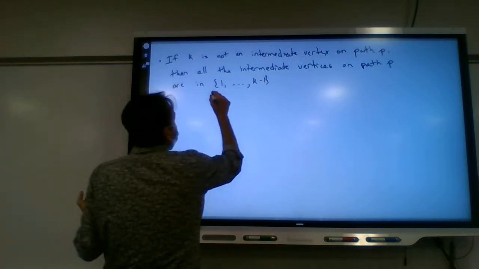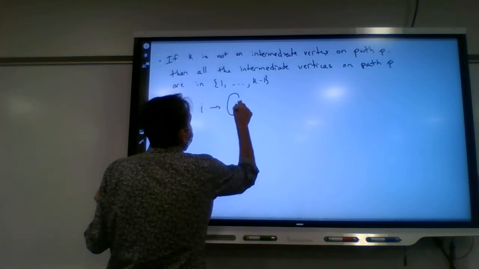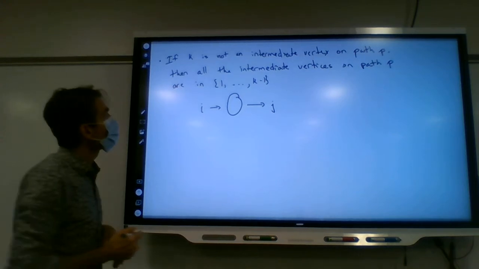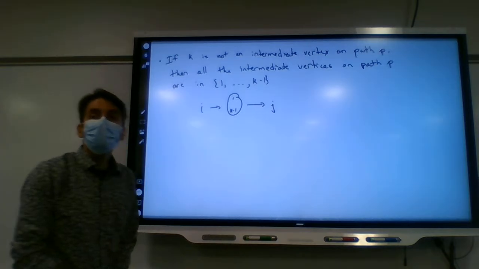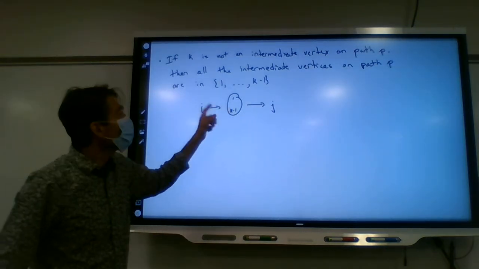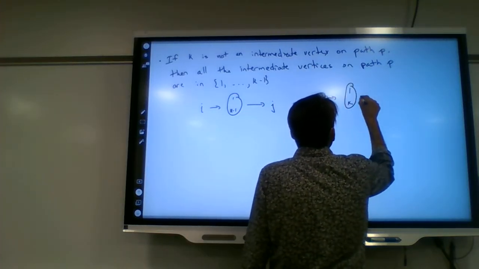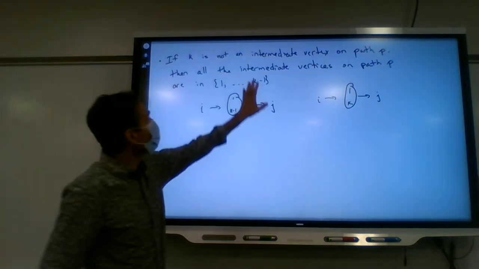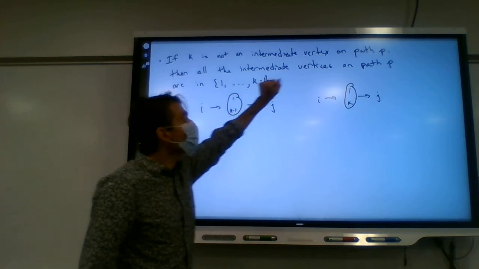So a solution from i to j, where everything comes from here, the shortest path there, is also a solution to the one that we were trying to solve right now, which is that subproblem. So if k is not on the path, then solving this problem solves that one.